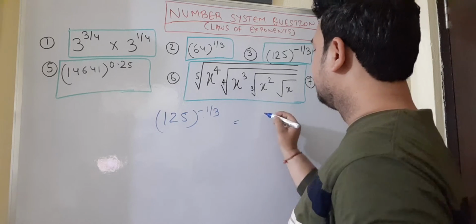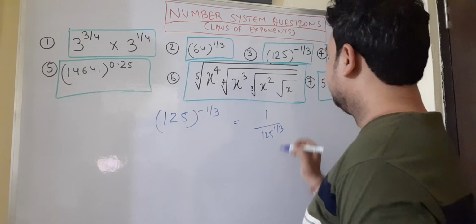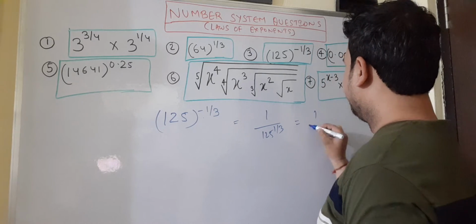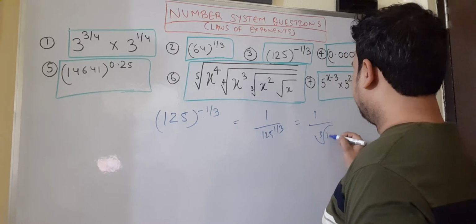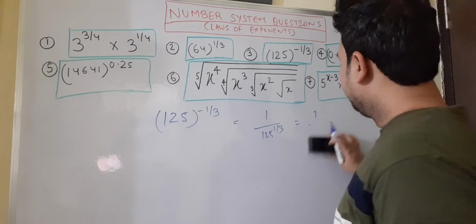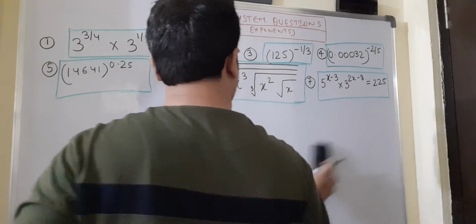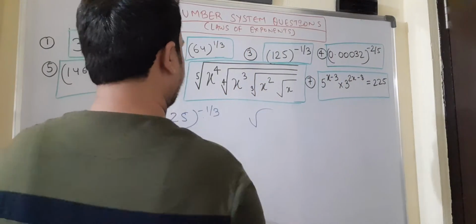You can write this like this also: 1 by 125 raised to the power 1 by 3. This will be the cube root of 125. So this is for your understanding. Let's solve this question. Even without putting the root sign, you can solve this.